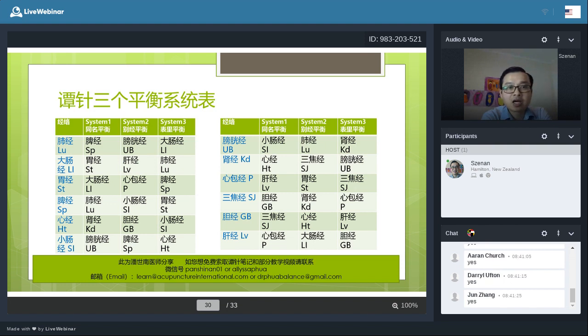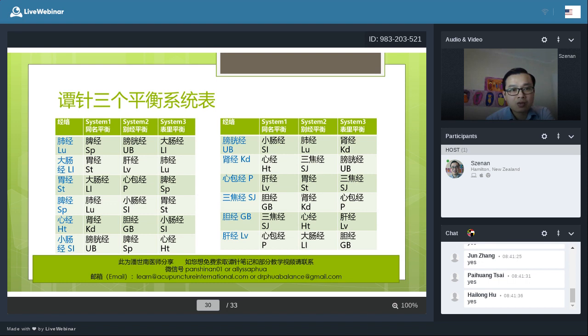In this chart, you have system 1, system 3, right? You can see it. Or 1, 2, 3 from lung to liver meridian, all 12 meridians over here. The blue color over here is the sick meridian.